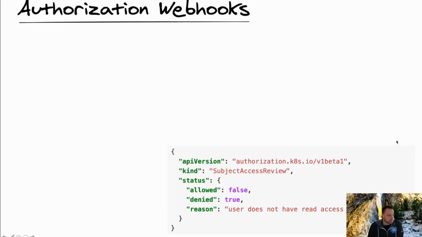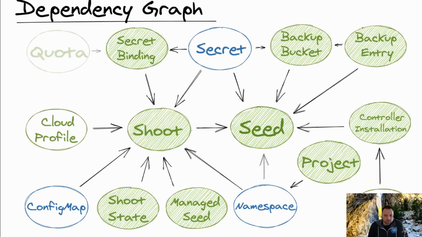Okay, how is this implemented? Or how do we plan to implement it? We have here a picture of a resource dependency graph describing the resources of the Gardener API more or less, but also some of the Kubernetes resources that you see here in blue: namespaces, secrets, and config maps that are also used by Gardener when, for example, the shoot is reconciled or for other use cases.